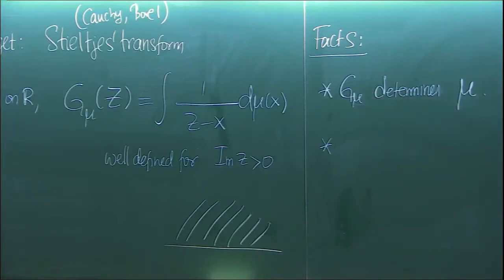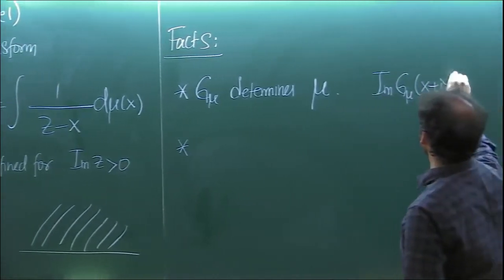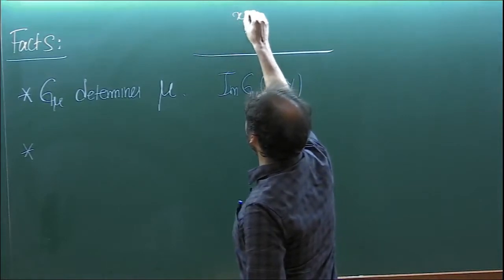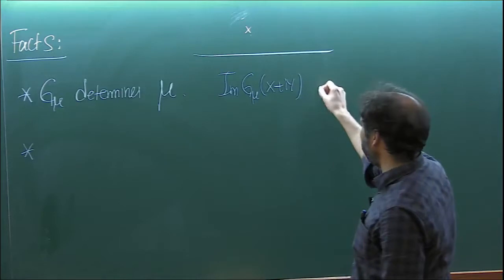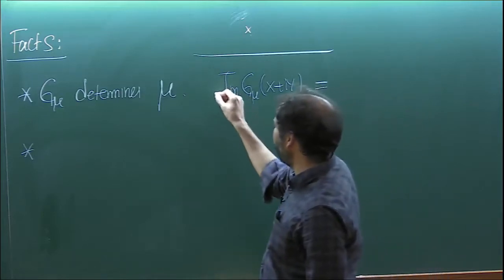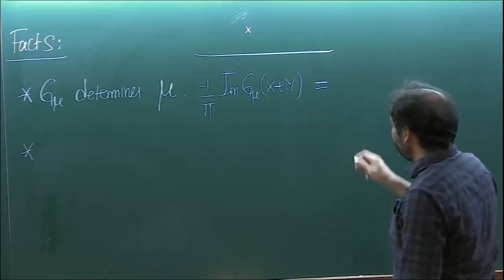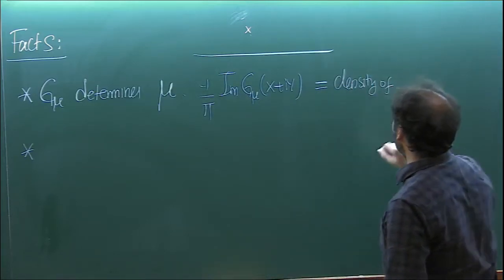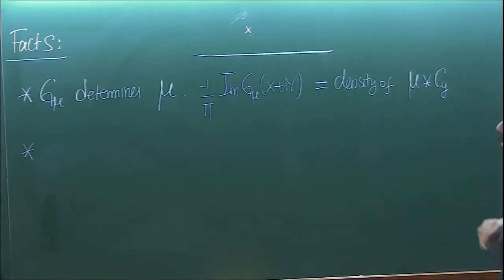If you look at the imaginary part of G_mu of x plus iy, somewhere in the upper half plane, and take minus 1 over pi of that, it is actually the density of mu convolved with the Cauchy measure with parameter y.